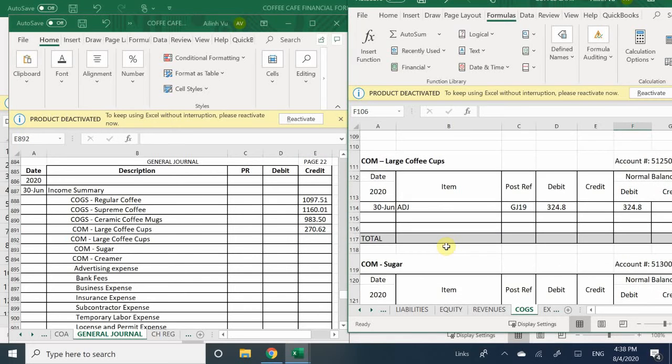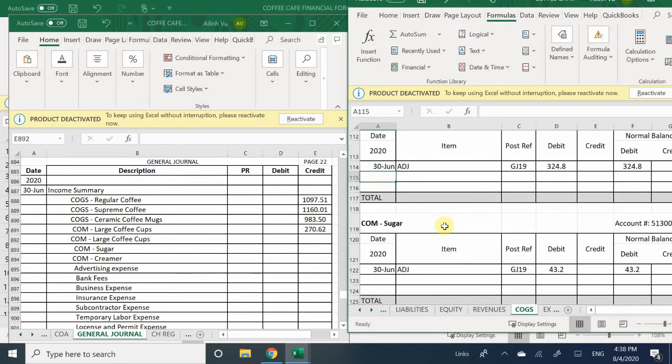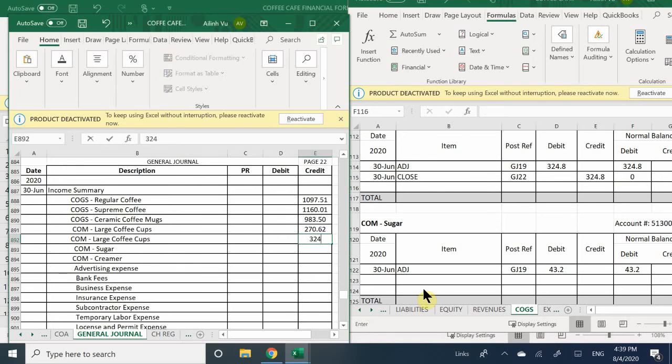Next we're going to do is our large cups. And this time it's for 324.80. Okay. And now it's 0. So 324.80 is for our large coffee cups.